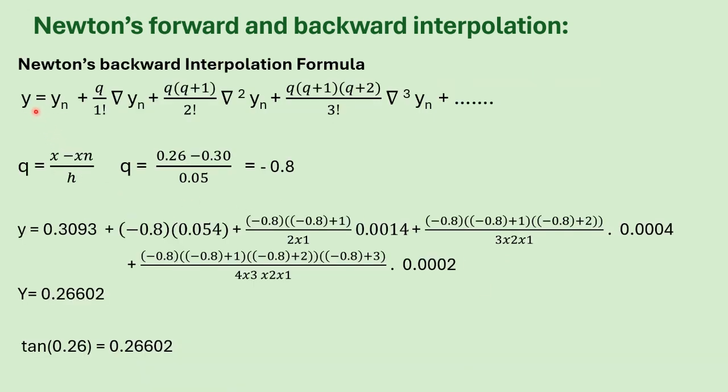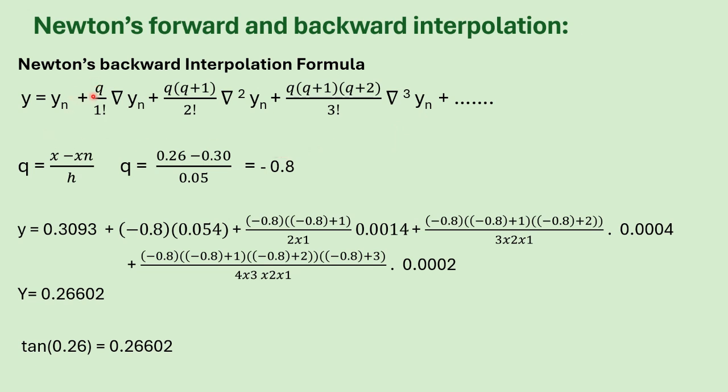So y is equal to yn plus q by factorial 1 inverted delta, this is called nabla yn, plus q into q plus 1 by factorial 2 nabla square yn, plus q into q plus 1 into q plus 2 by factorial 3 into nabla cube yn, and so on.